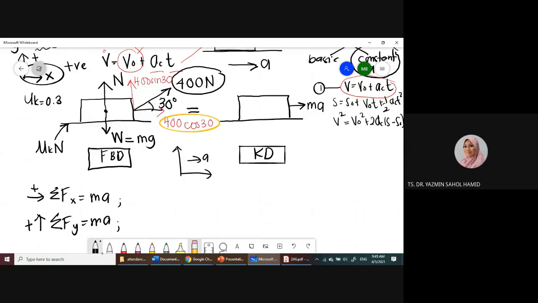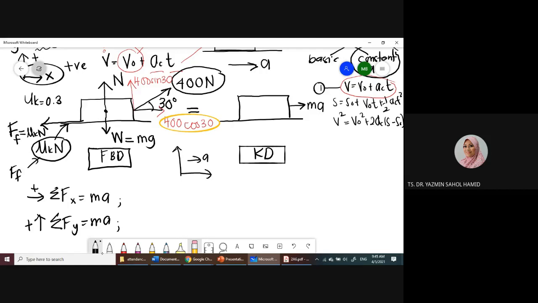Opposite. Left. So you need to draw friction. Because we don't want to confuse F with force and friction, we use capital F for force and small f for friction force. Friction force equals mu k N. This is friction force.